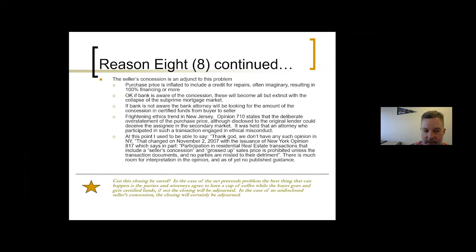Maybe once in the last 6 months I've heard of it. So hopefully it's not going to be an issue to adjourn a closing in this state of affairs, because it's not used as much anymore with the collapse of the subprime mortgage market. Banks aren't doing 100% financing. At least I haven't seen it recently.